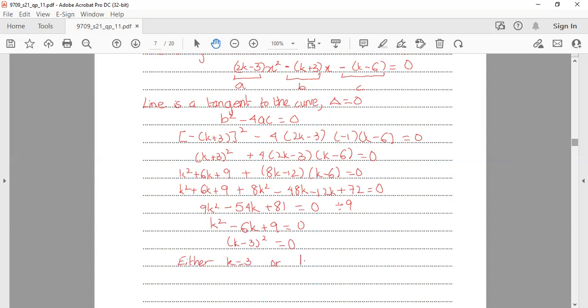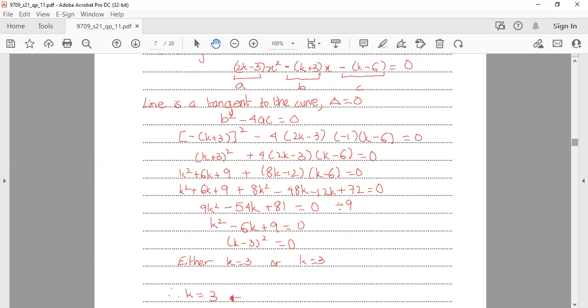Okay, it's completely normal to have the same value of k because the line is a tangent to the curve. Donc, each time quand je trouve line is a tangent to the curve, you should obviously have two same values. So real and equal roots. So therefore, k is equal to 3.